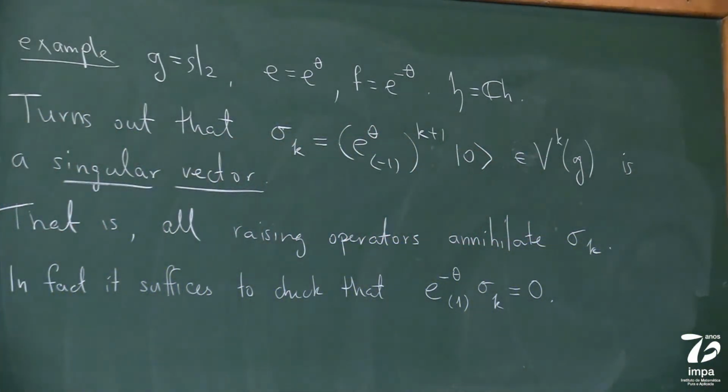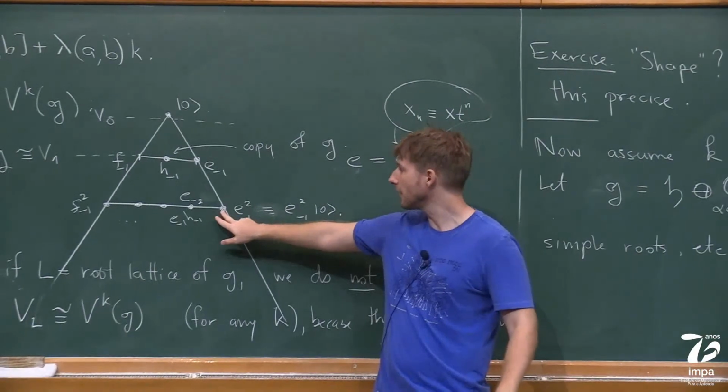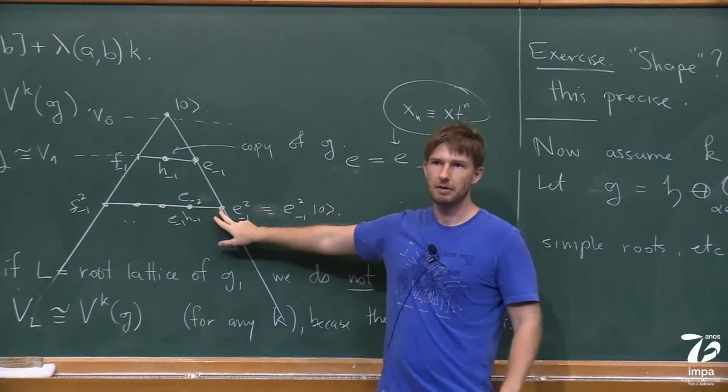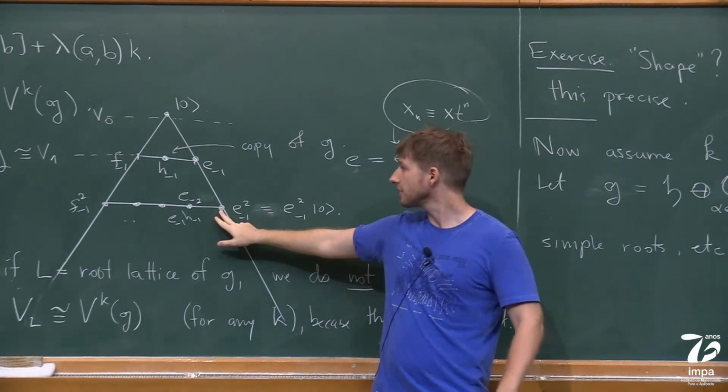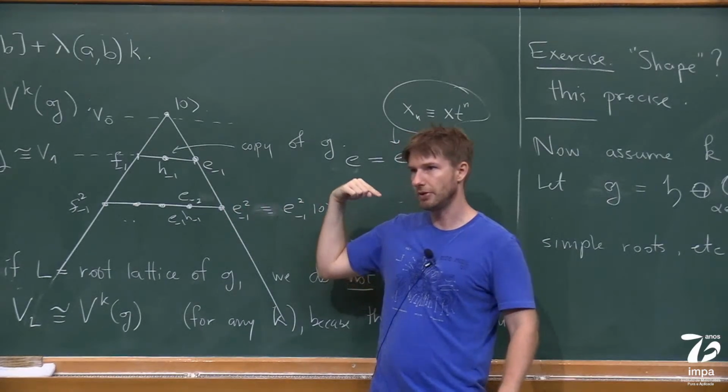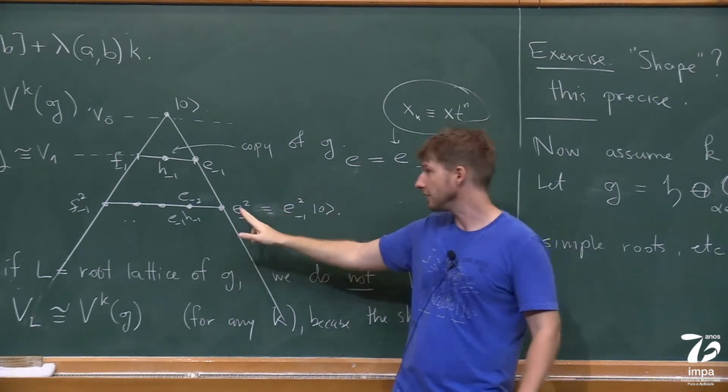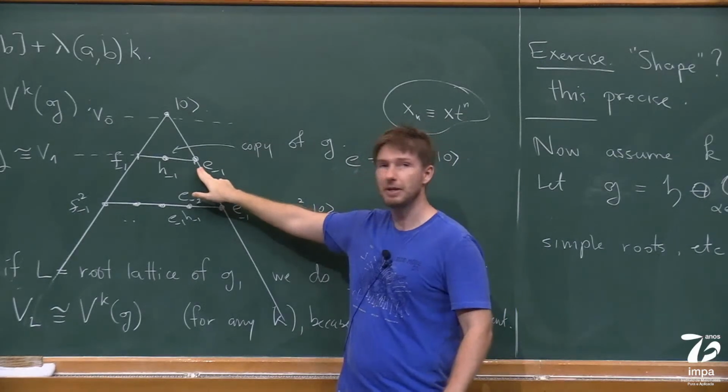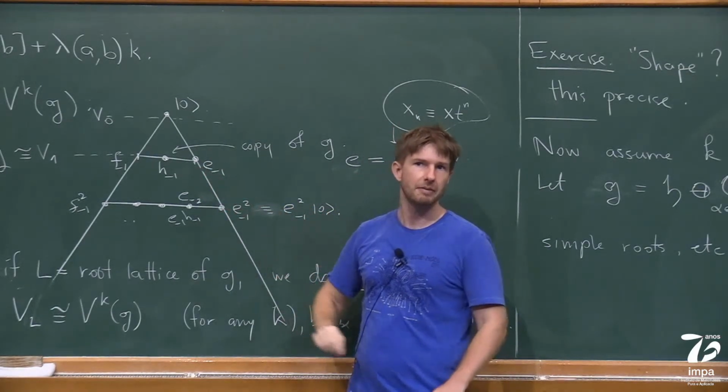Basically, this vector is like some guy sitting here on this edge. So to check that it's a singular vector, it's actually sufficient to show that if you take the corresponding negative root vector, which would go one step up here, that annihilates this vector.